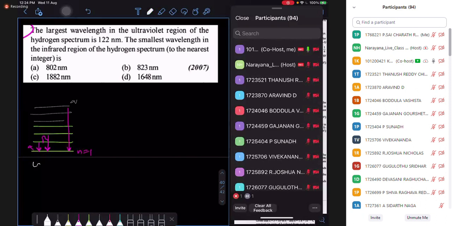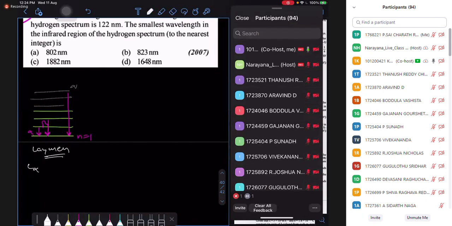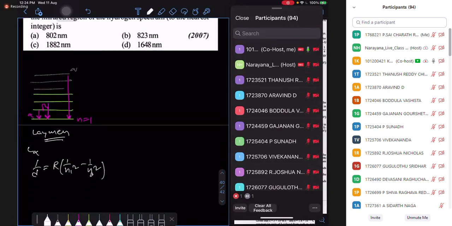So the first line is called the alpha line. To find the Lyman alpha line, we use the Rydberg formula: 1 by lambda equals Rydberg constant times 1 by n1 squared minus 1 by n2 squared. For the alpha line, the transition is from 2 to 1.